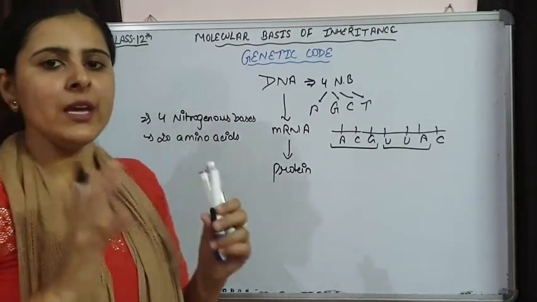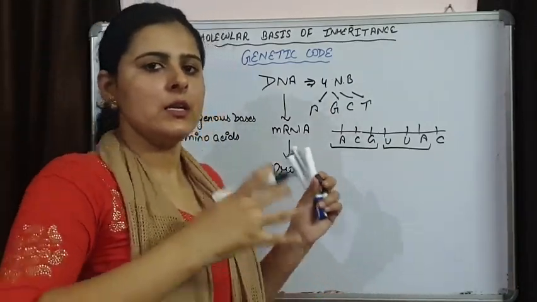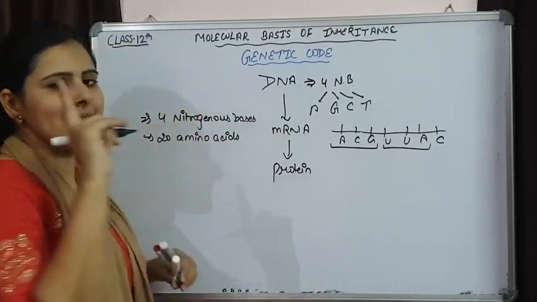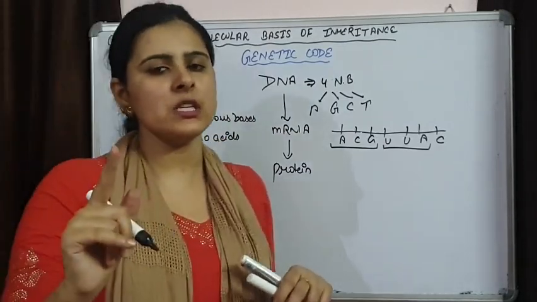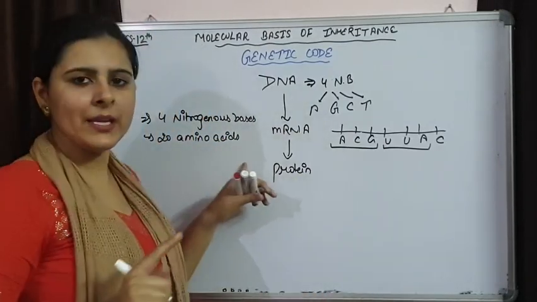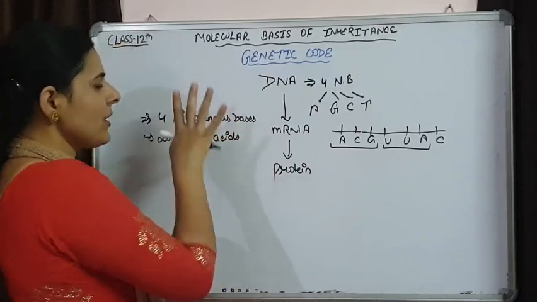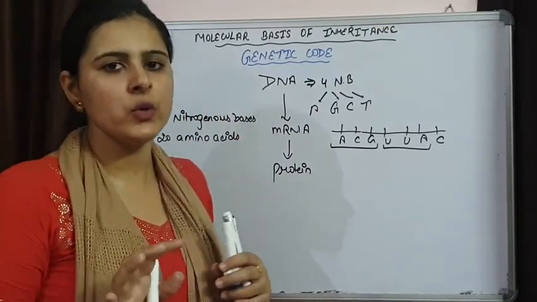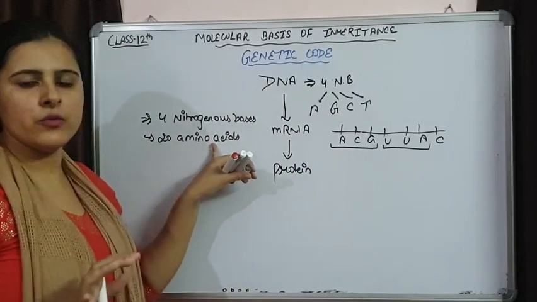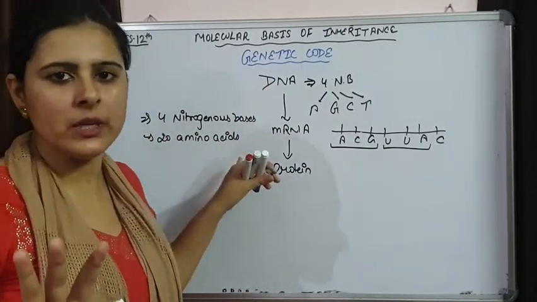If we think that only one single nitrogenous base is responsible for one amino acid, that means 4 nitrogenous bases are going to account for 4 amino acids only.